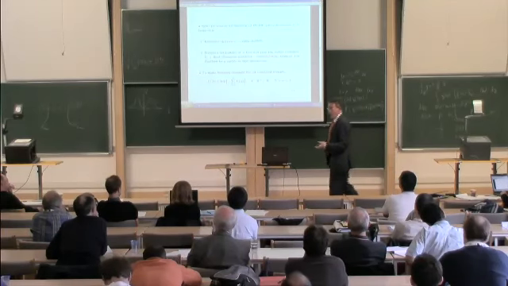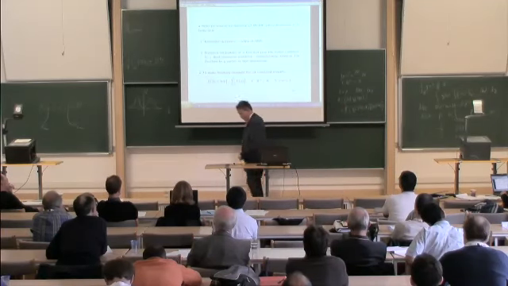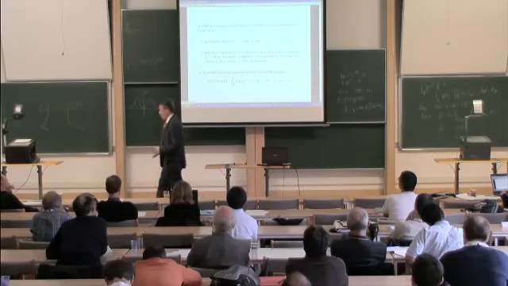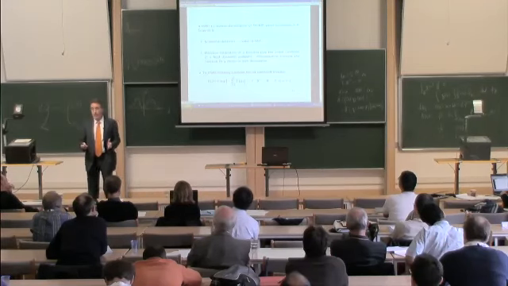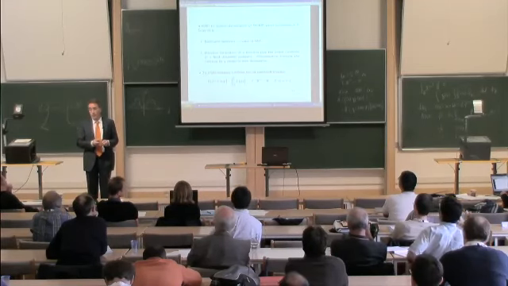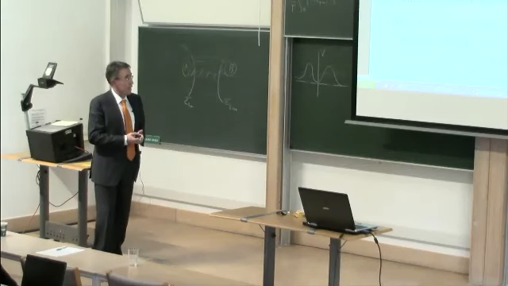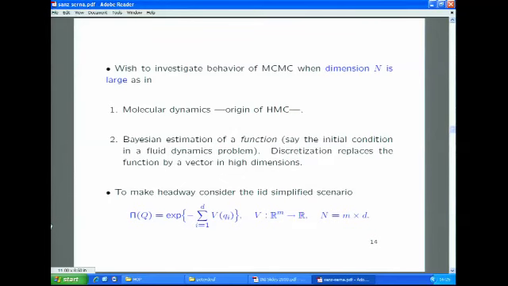Well, this is a very difficult problem. One cannot solve it, and of course one tries to solve a simplified problem. So one looks at the situation in this simplified scenario where our distribution is just a product, so this vector Q is a product of identically distributed components. This is, of course, very simple.